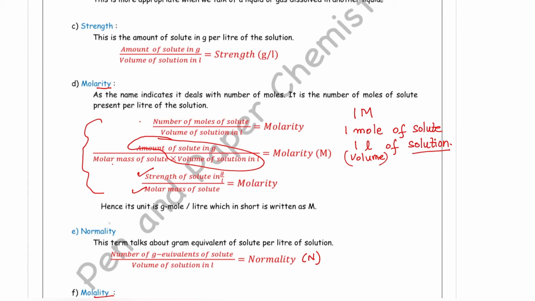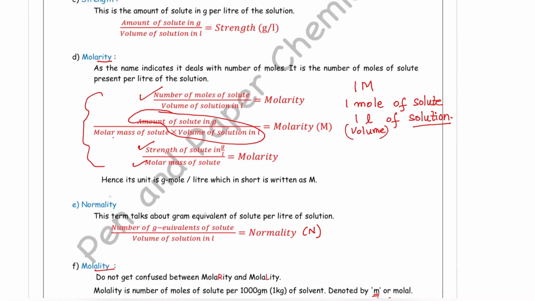If you understand the basics and you've got the formula chart in front of you, the basic formula chart, you will be able to derive any of these formulas yourself, as long as you understand the fundamentals. That means the number of moles of solute present per liter of the solution. And you will understand more of this when we attempt a few numericals.